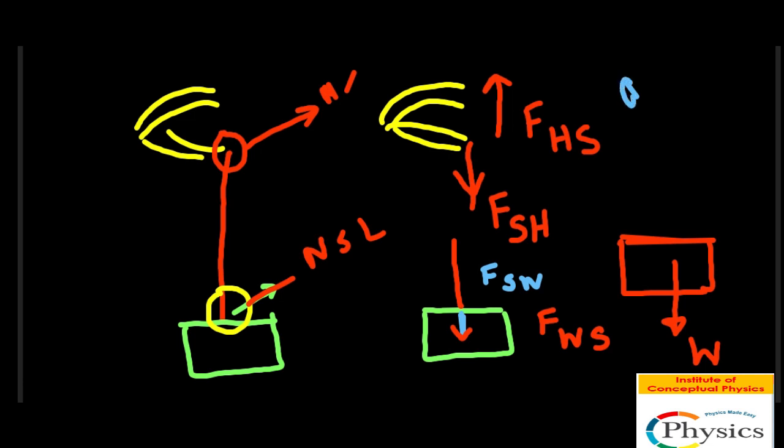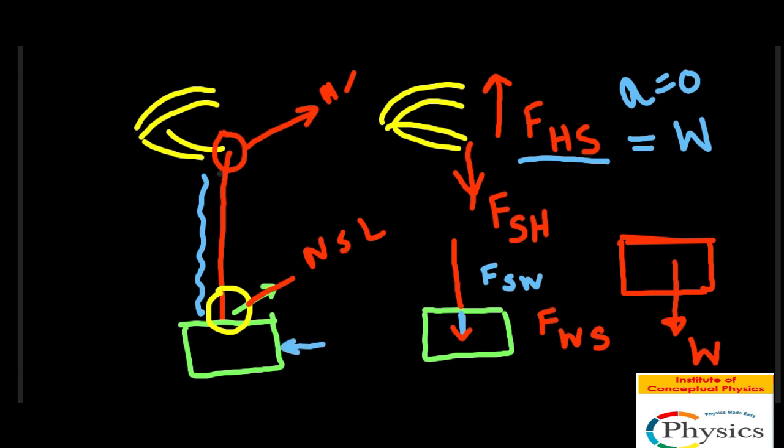Once you start writing the equations of Newton's second law, what you will find is that the force being applied on the hand by the string comes out to be W. So the tension in the string travels upwards, and the gravity force which is experienced by this weight is felt at the hand also.